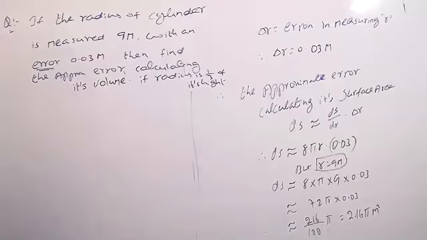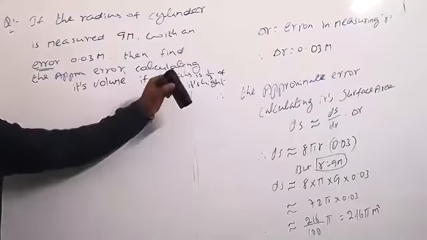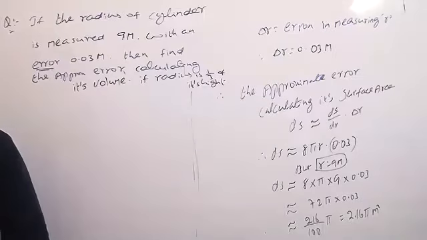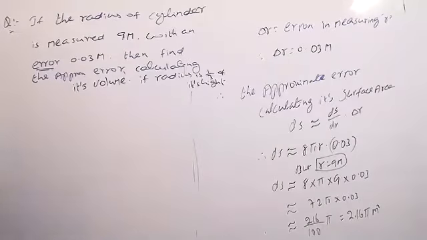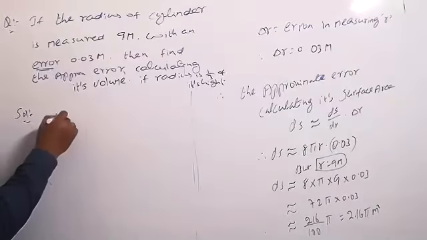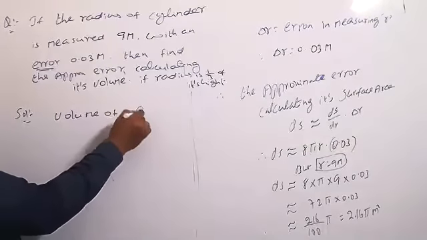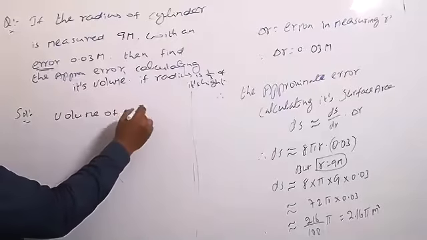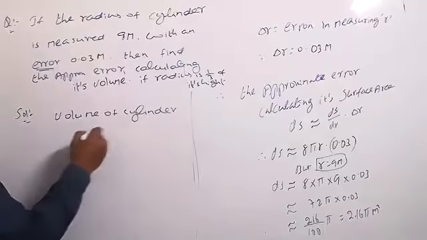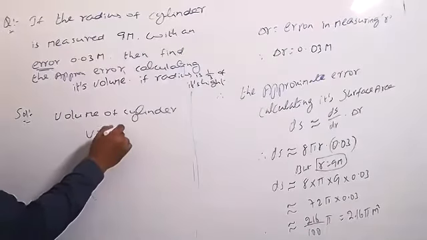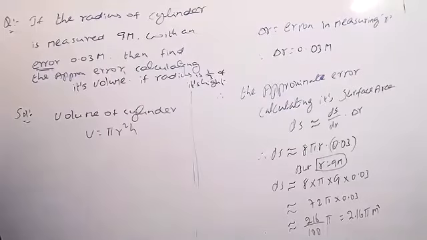The radius of the cylinder is measured as 9 meters with an error of 0.03 meters. Then find the approximate error in calculating its volume, if the radius is 1/3 of its height. Write the same condition now. The volume of the cylinder, V, equals pi r square h.